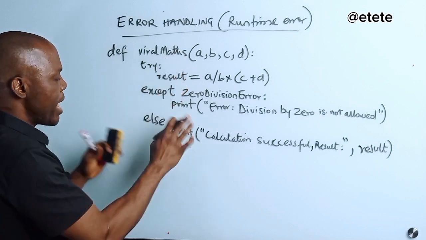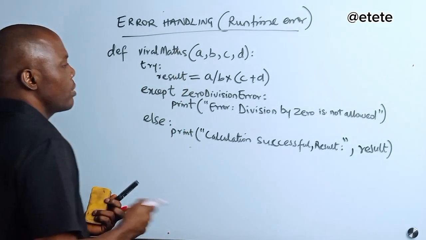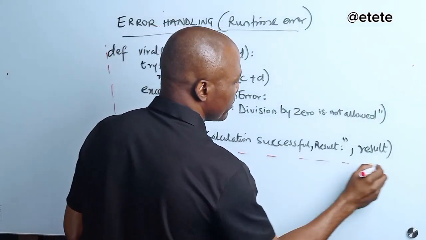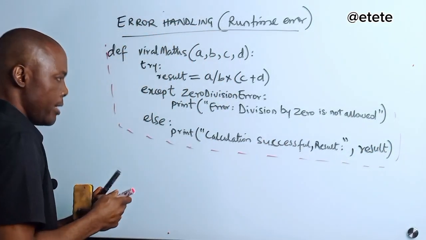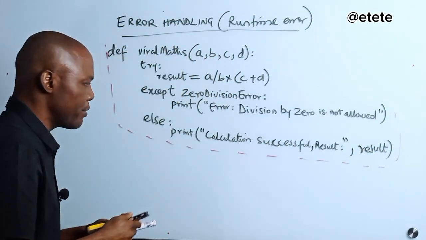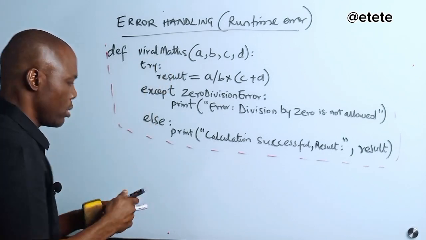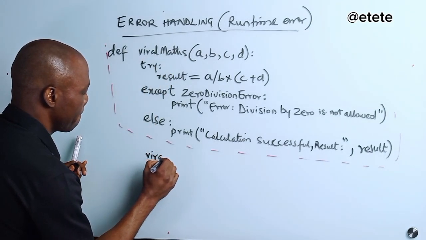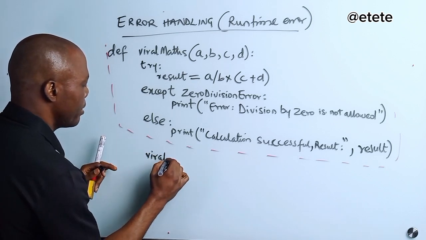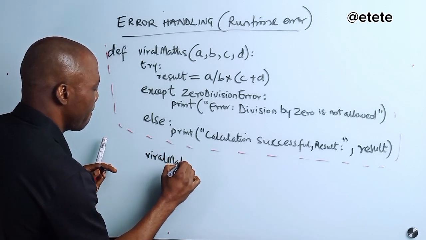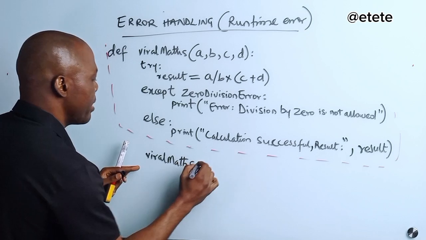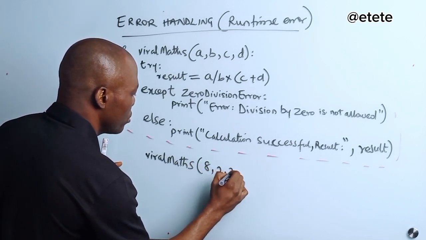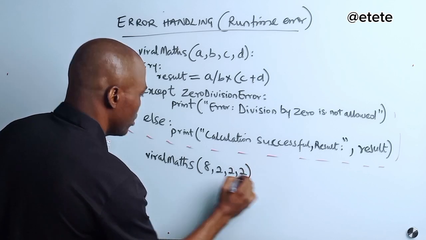Now I have written my program. This is my function that I've written. Now I want to call this function. So here I will say var_math, and I will supply 8, 2, 2, 2 to it.